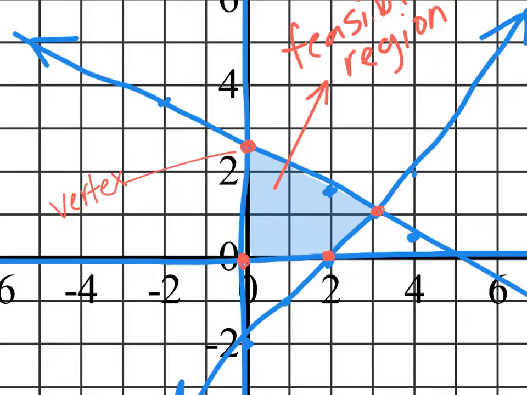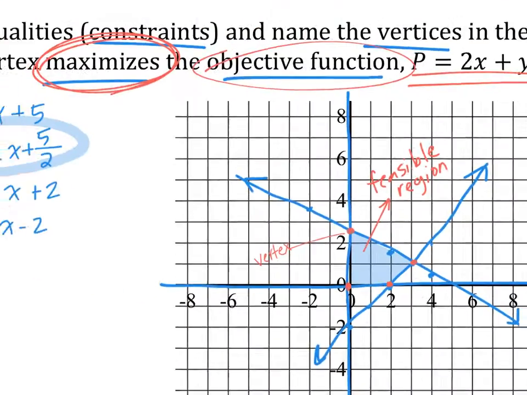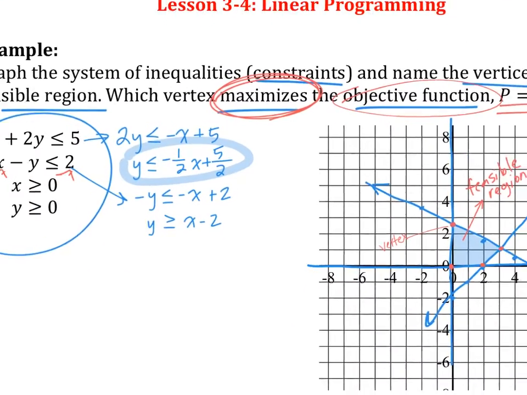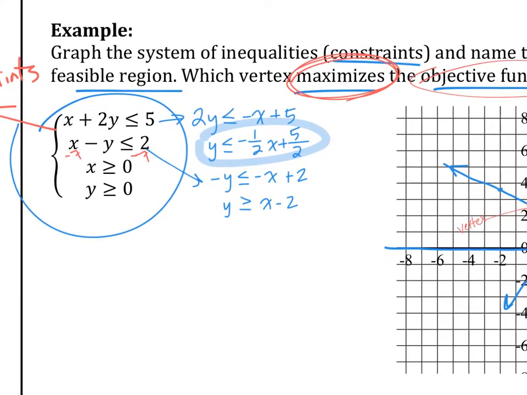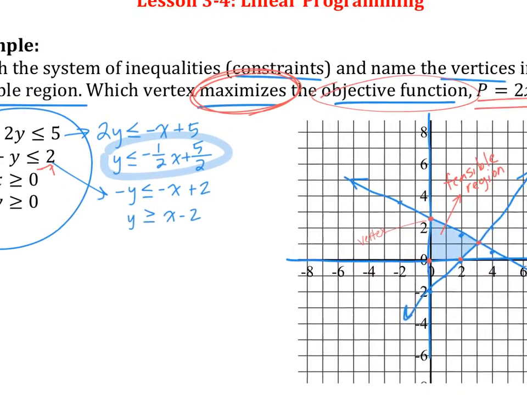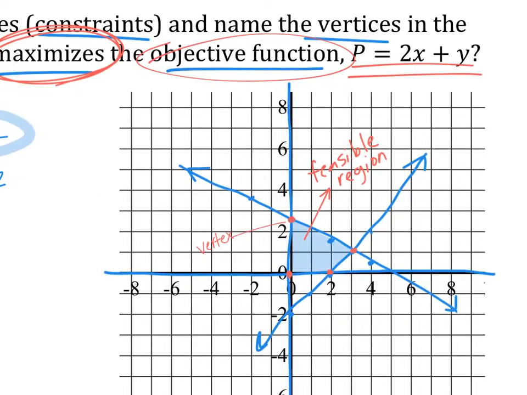Okay, let's review the vocab. First, you start with your constraints. Constraints are all your inequalities. Next, once you graph all the constraints, they will eventually all overlap into a region, whatever that region looks like. And we call that region the feasible region, meaning this is the area where everything will work in my constraints.